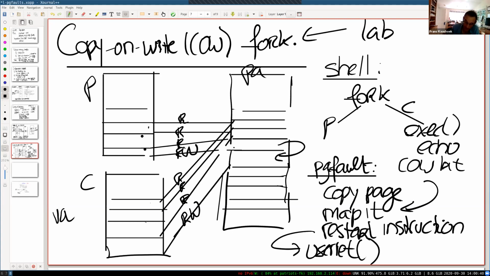So, for example, if the parent exits right away, we have to be a little bit careful. Can we free that page immediately if the parent exits? Maybe not, because there may be multiple child processes, and there might be a child using that page.